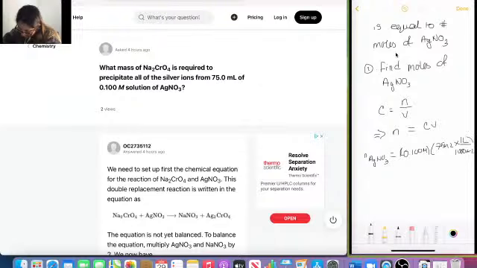We have to convert the units here. And so if you do the math here, we basically get 0.0075 moles of AgNO3.